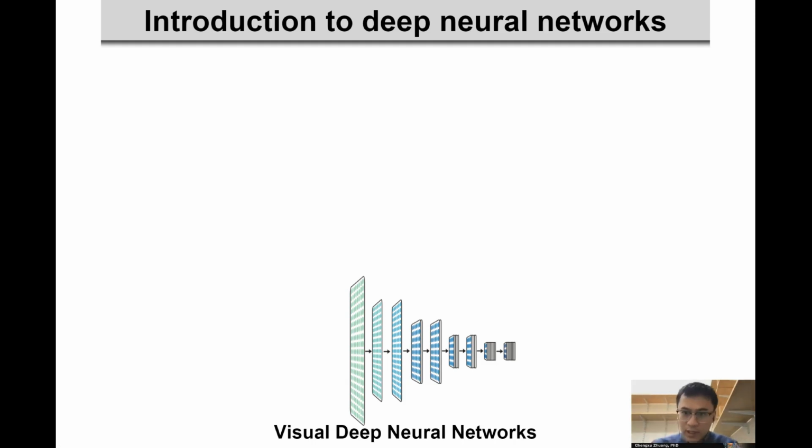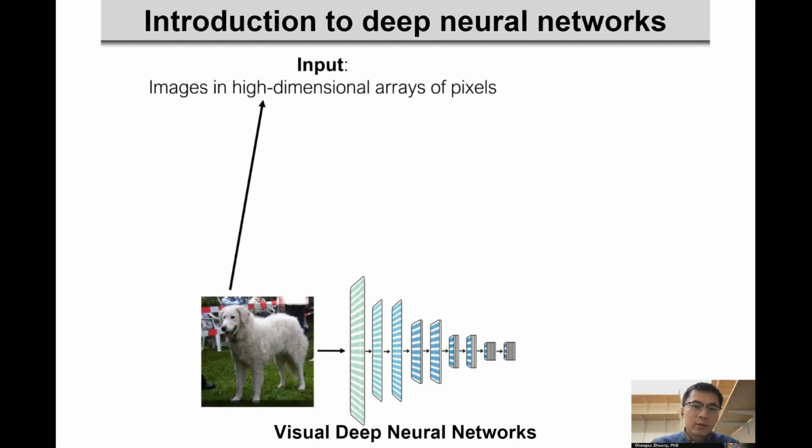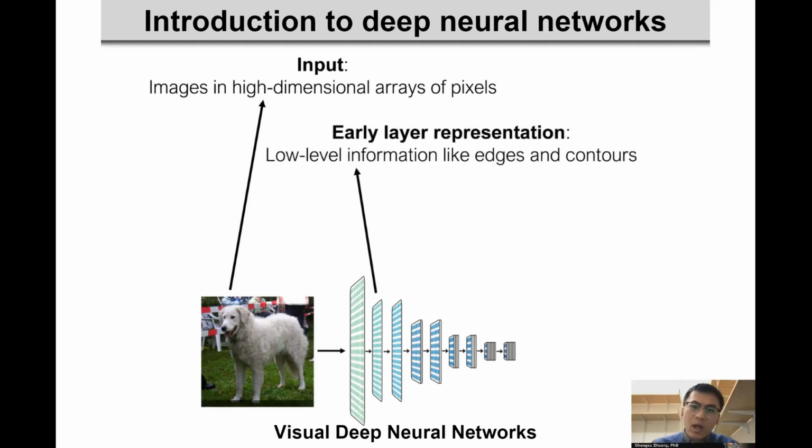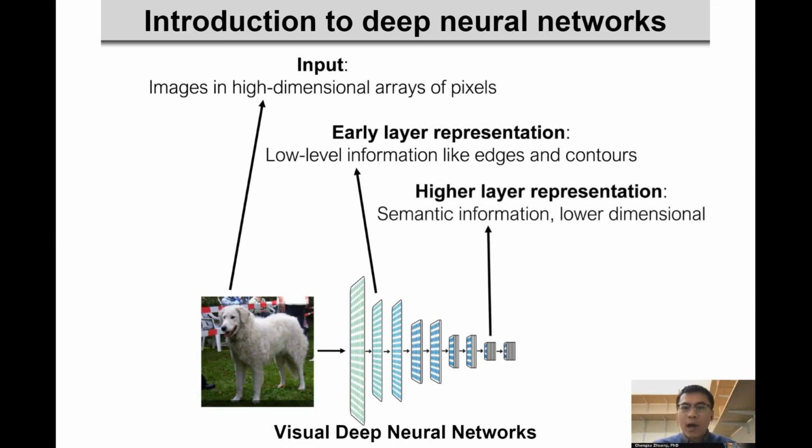Visual deep neural networks, for example, typically receive inputs in very raw form, meaning images as high-dimensional arrays of pixels. After layers of nonlinear transformations, early layers of this network will have low-level information like edges and contours, while higher layers will have more semantically meaningful information and will typically be lower dimensional.